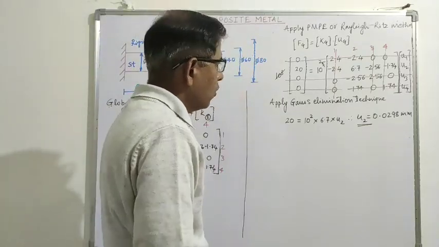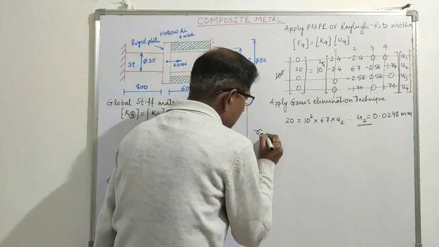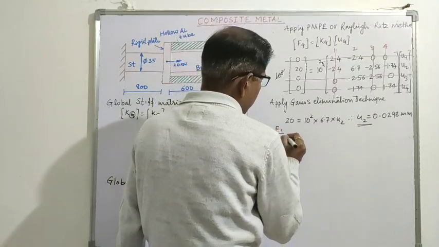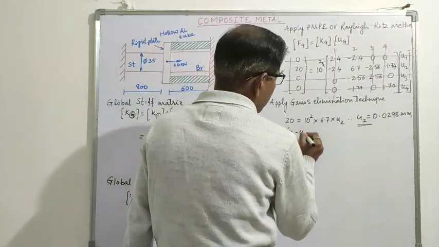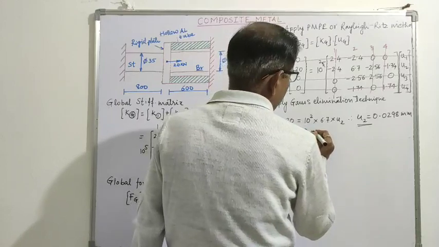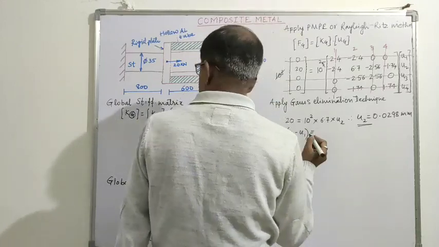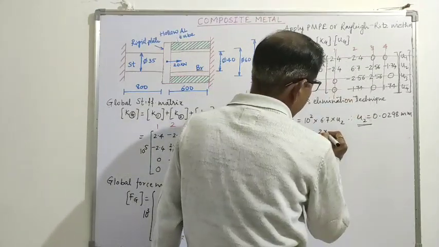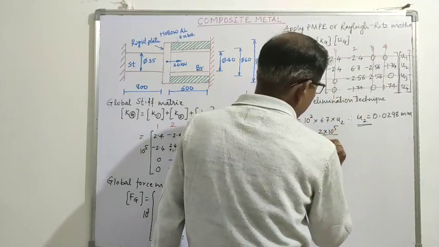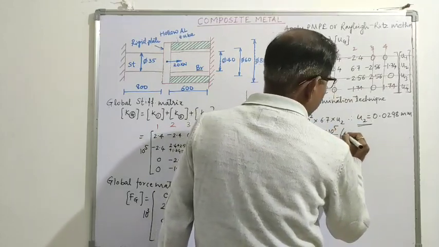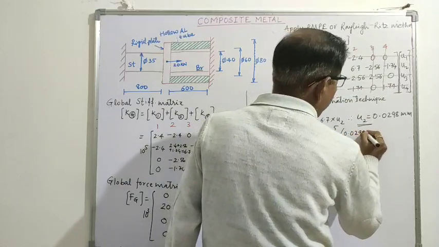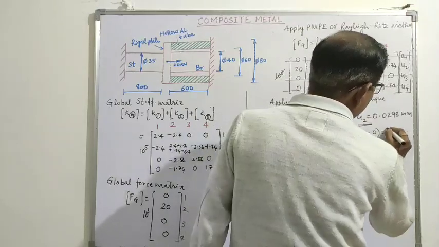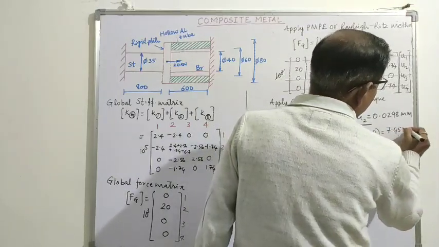Okay. Now we calculate the stresses. Sigma 1 is E1 by L1 into U2 minus U1. So E is 2 into 10 to the power 5 upon 800, into 0.0298 minus 0, which is equal to 7.45 megapascal.